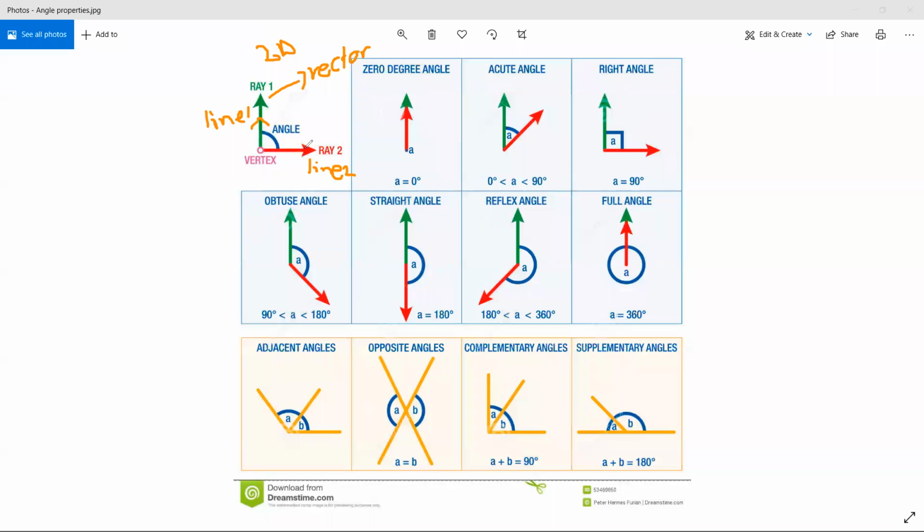This other arrow tells us the line is going in that direction. The ones over here, they don't have arrows, so they are not vectors. What are they? They are just lines. So a vector is a combination of a line and an arrow. So a vector has two things. A vector must be a line.